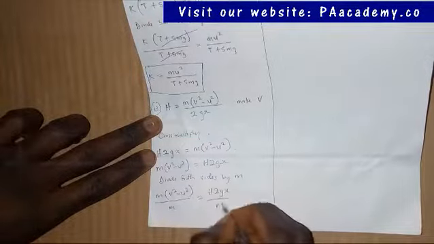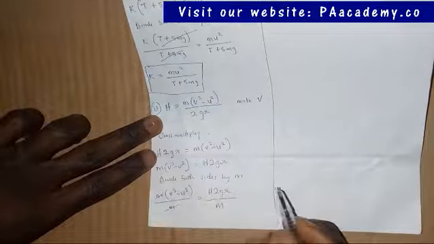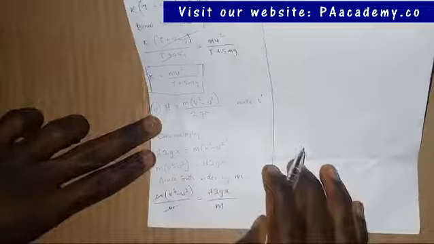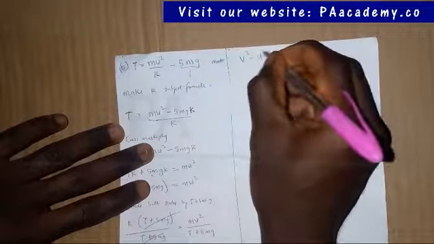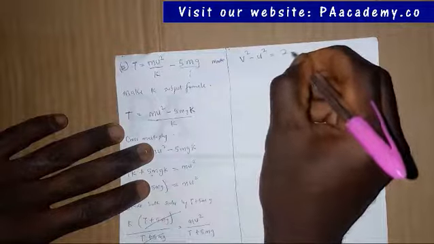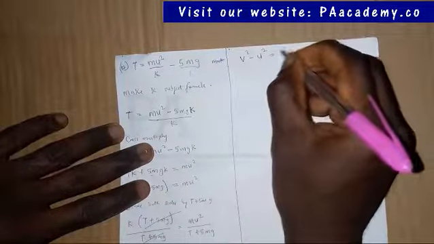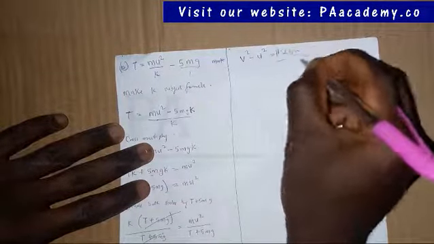So this m here will cancel this m here, and then we'll be having v square minus u square equals h2gx over m. Are we good?